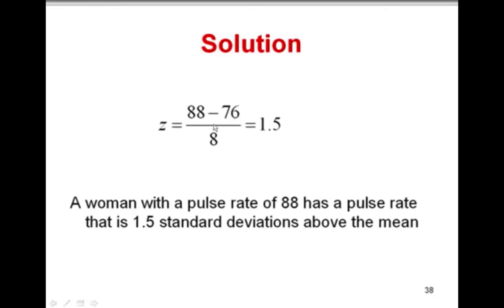We calculate z as 88, that's the x value, minus 76, which is the mean, divided by 8, which is the standard deviation, and we get a z-score of 1.5. This means that the woman in question has a pulse rate that is 1.5 standard deviations above the mean.